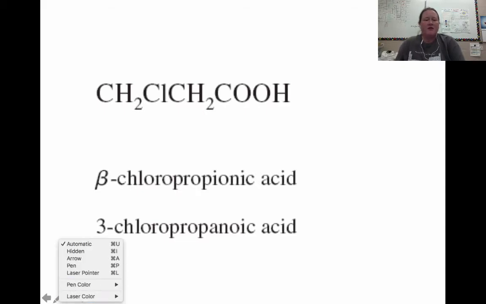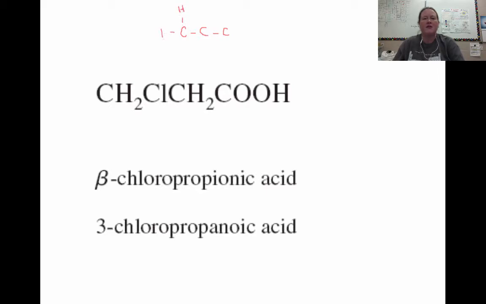And here is another one. I'm going to show the pen here so that I can draw this out. So here I have a carbon attached to another carbon. So I have 1, 2, 3 carbons. Attached to this first carbon, I have 2 hydrogens. I shouldn't call that the first carbon.